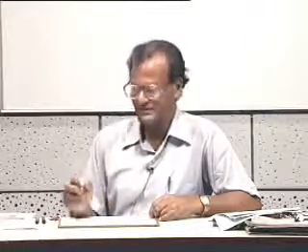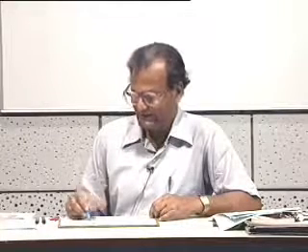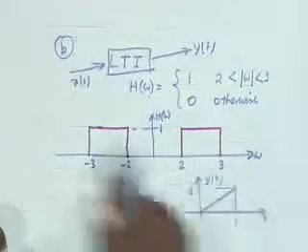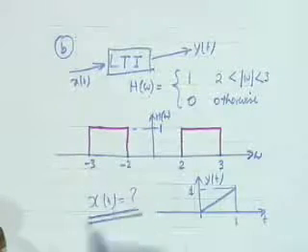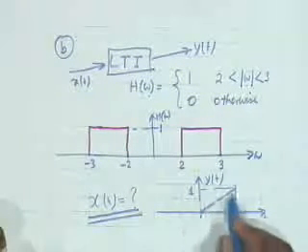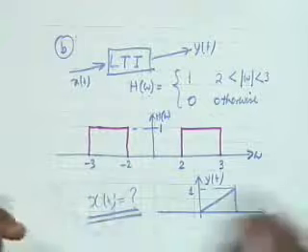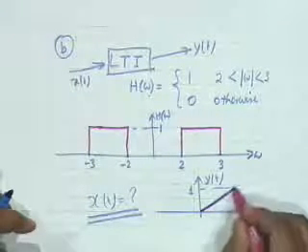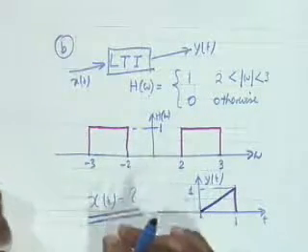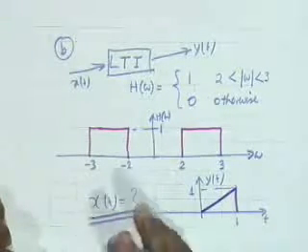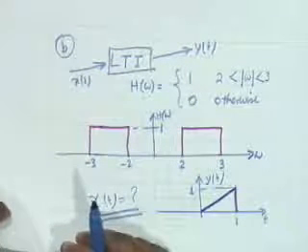H of omega is 1 for a band of frequencies 2 to 3 and it's 0 otherwise. Question is, can you find an x(t) such that y(t) is of this form? y(t) is simply a triangle like this. If you can find one. If not, say why you cannot find. That is the question.